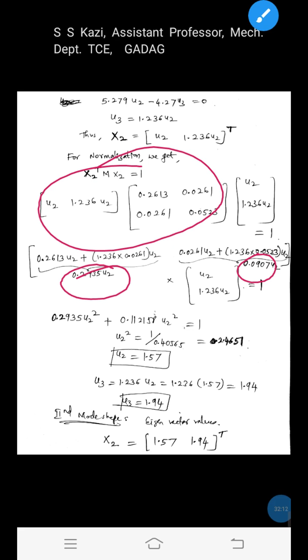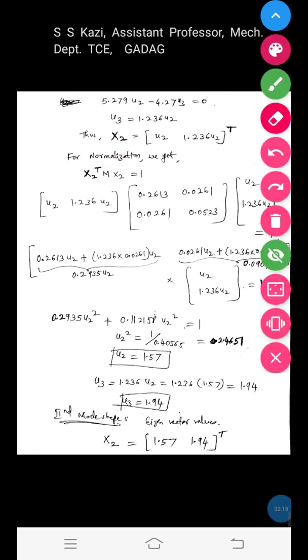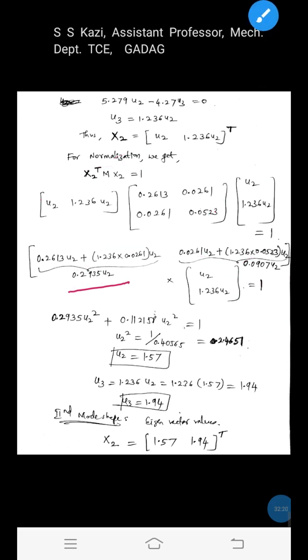As we have seen in the first eigenvector, follow the same product multiplication, multiplied by this matrix, you will get 0.2935 u2 square plus 0.0907 u2 into 1.236 u2, you will get 0.112158 u2 square is equal to 1.